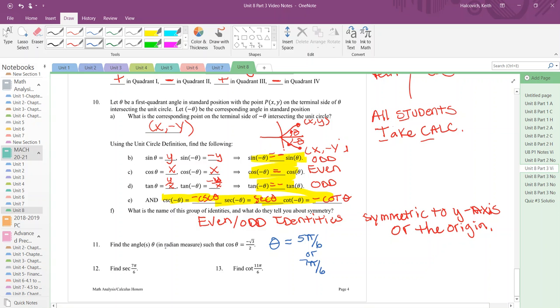And since it doesn't specify an interval, that means you could just keep adding 2 pi or multiples of 2 pi to get your answers, and then you just have to say that k is an integer.